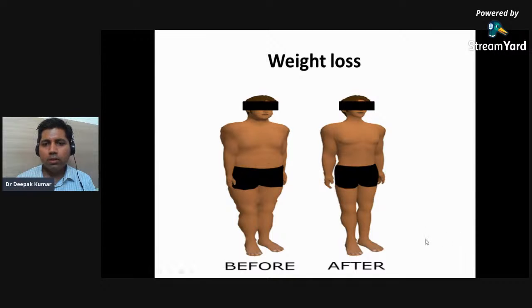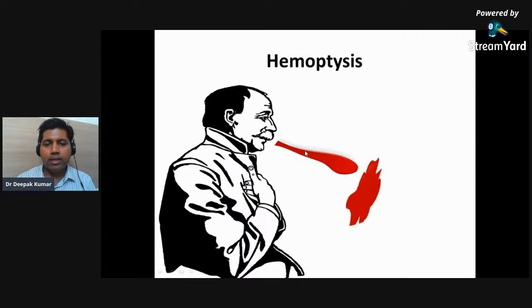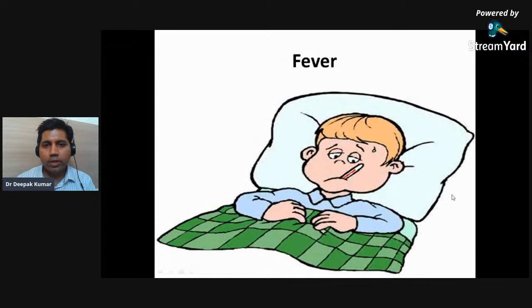Then weight loss, which will be significant and unintentional. This is not weight loss gained due to exercise and dieting. Cough, or patients can also have cough with blood, that is hemoptysis. Fever, which is usually low grade, but it is not unusual to find high grade fever even in tuberculosis, with drenching sweats in the night.